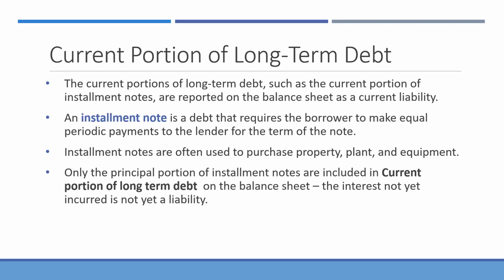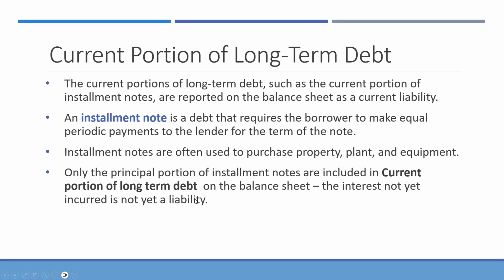Thinking of a mortgage where there's a principal portion and there is an interest portion, if the mortgage is $1,000 a month, then that's $12,000 a year in payments. And so next year there's $12,000 due in payments, but that's not the current portion.